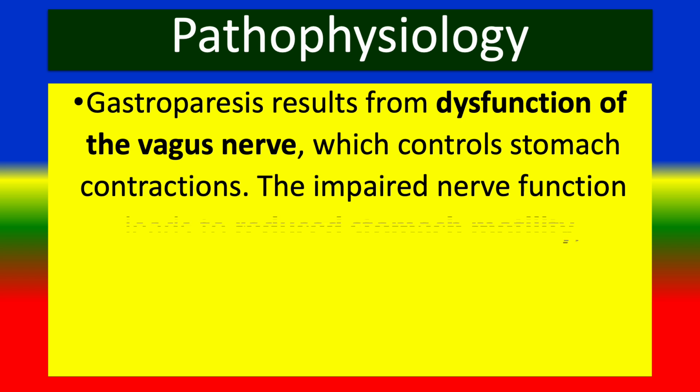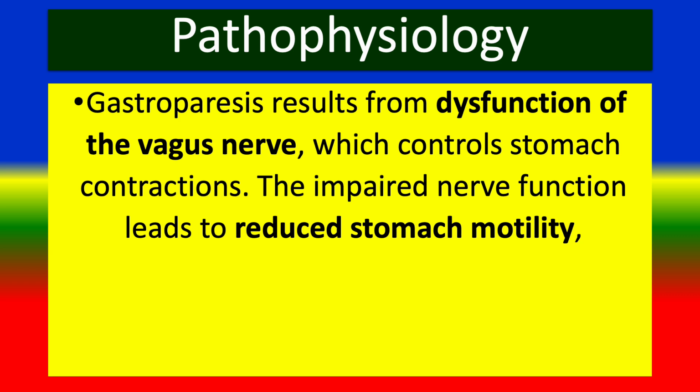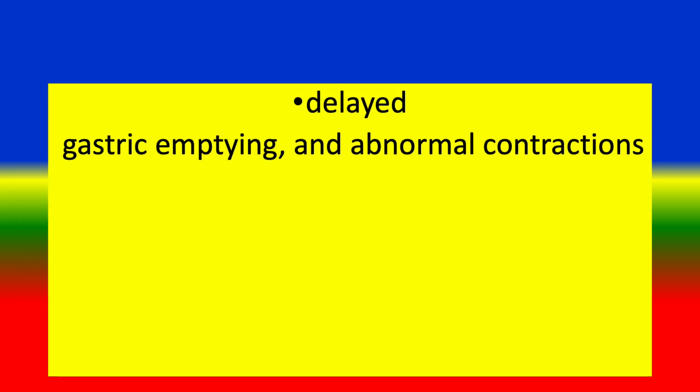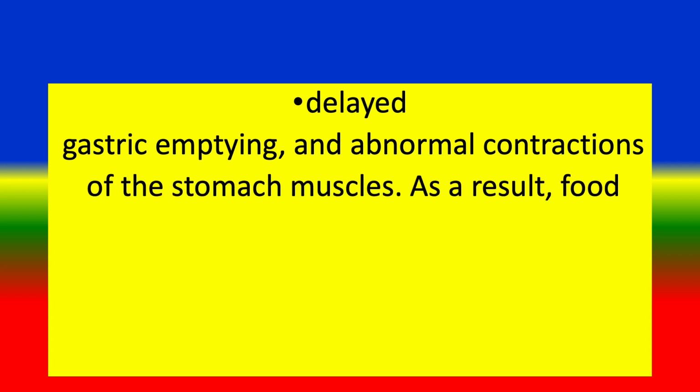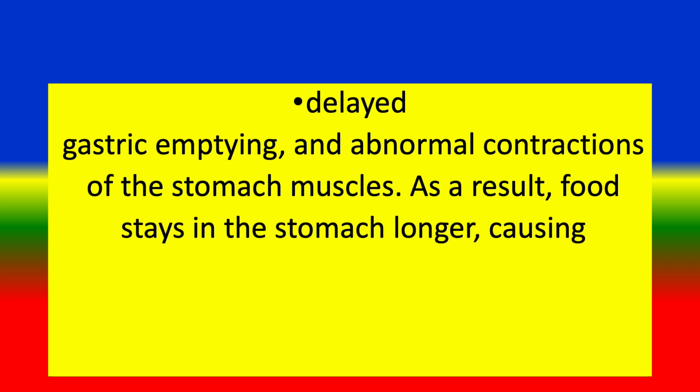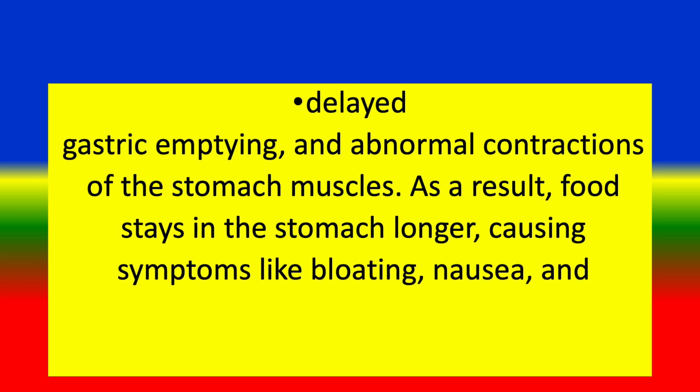The impaired nerve function leads to reduced stomach motility, delayed gastric emptying, and abnormal contractions of the stomach muscles. As a result, food stays in the stomach longer, causing symptoms like bloating, nausea, and vomiting.